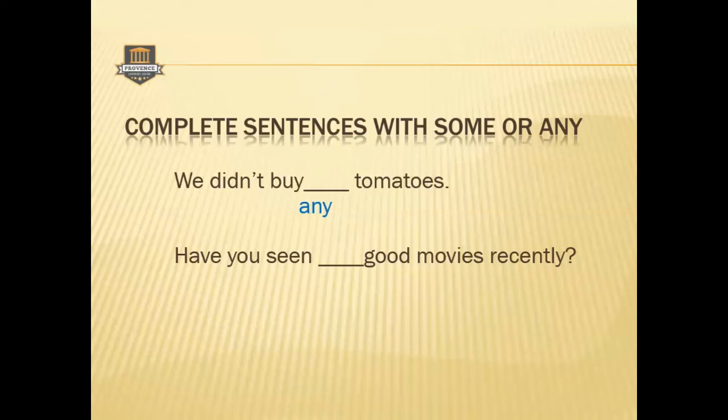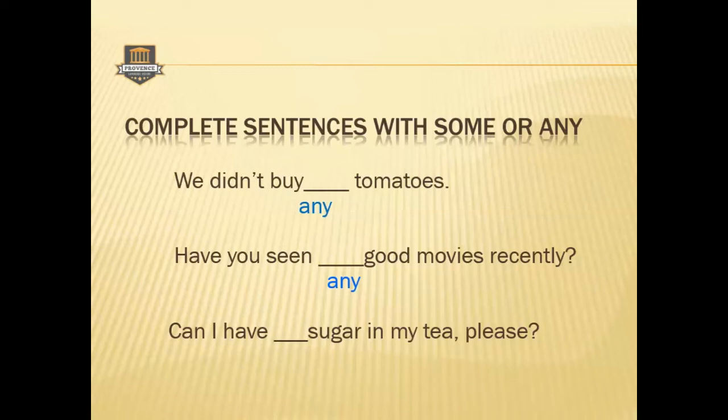It's a question. What do I use with a question? Some or any? Of course, any. Third sentence, can I have dots sugar in my tea, please? I have please here. So I'm asking for something. It's not a normal question. When I'm asking for something, I use some. Can I have some sugar in my tea, please?